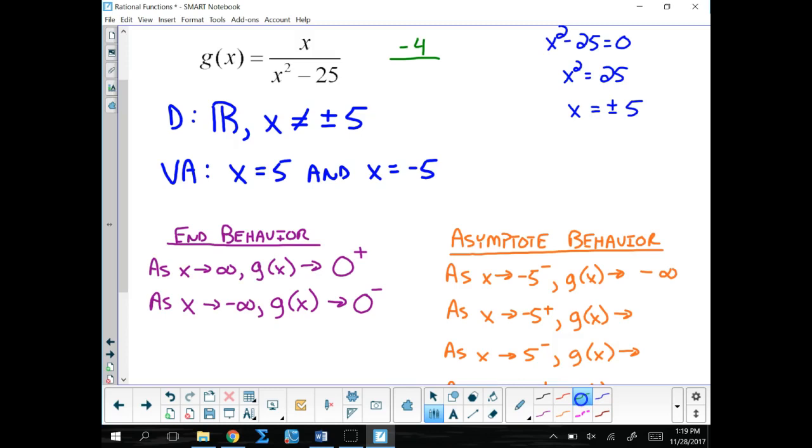Over negative 9. Negative 4 squared is positive 16. Minus 25 is negative 9. Negative 4 divided by negative 9. So it's going to go where?